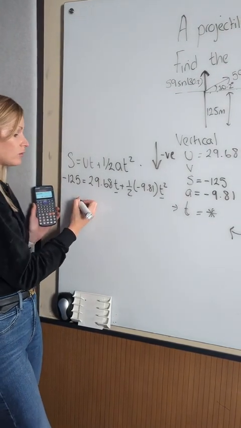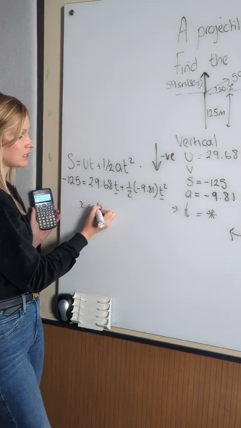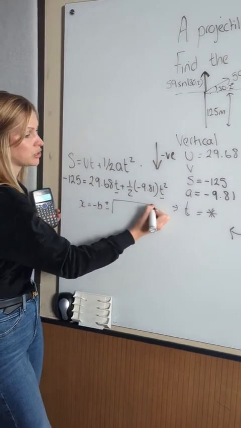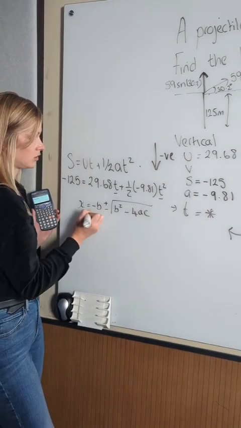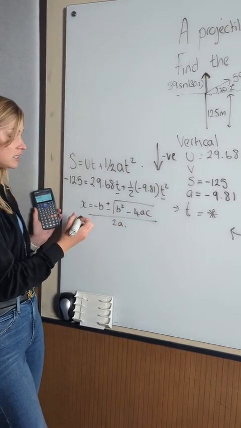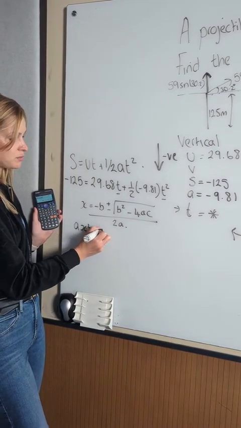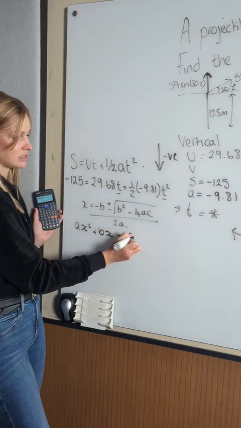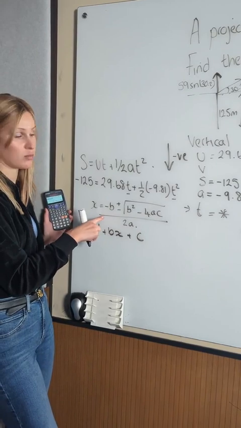So the quadratic formula from my math classes is x equals minus b plus or minus the square root of b squared minus 4ac, all over 2a. And the way to solve this is because we have an equation in the form ax squared plus bx plus c. So I want to figure out what these numbers are that I insert into my quadratic formula.